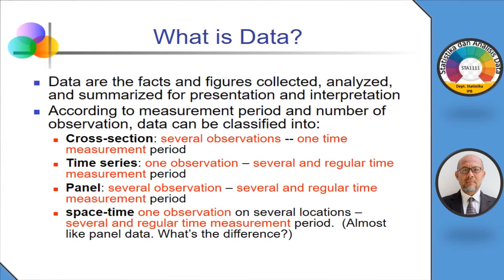Panel data is several observations, several and regular time measurement periods. This is a combination of cross-section and time series data. Space-time data is one observation on several locations or several and regular time measurement.